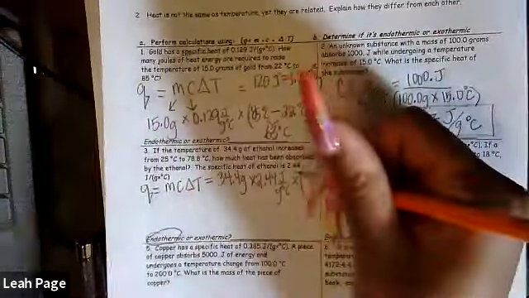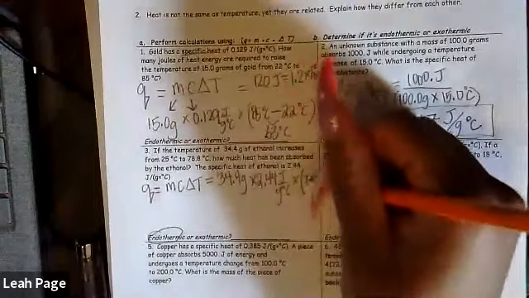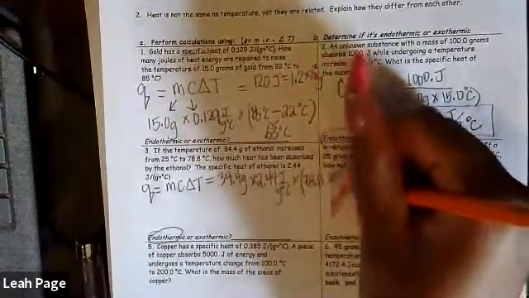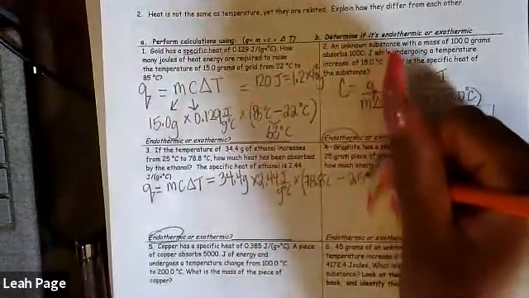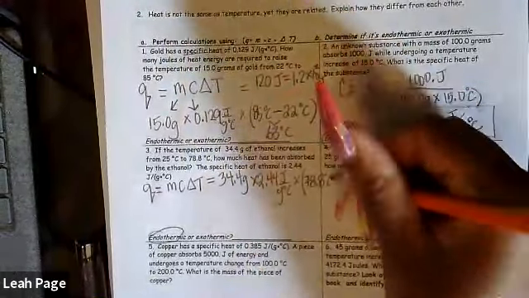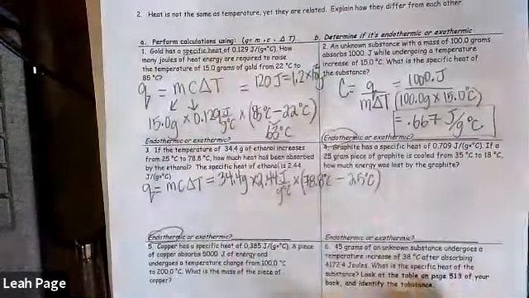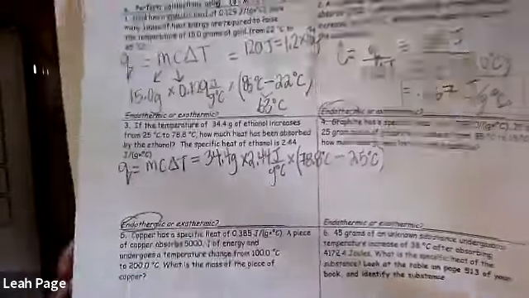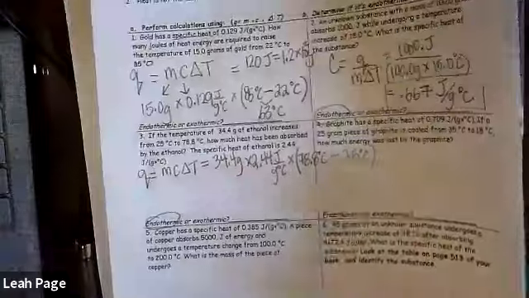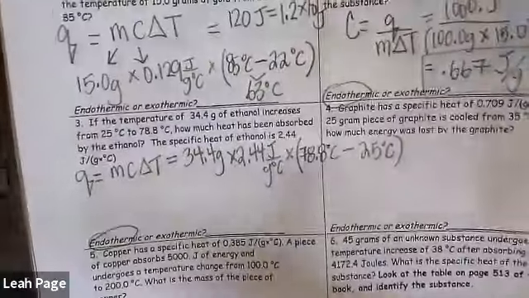I'm gonna write the final, 78.8, minus the initial. It looks like this. Here we are. This is the setup. Did we at least get this set up, guys?